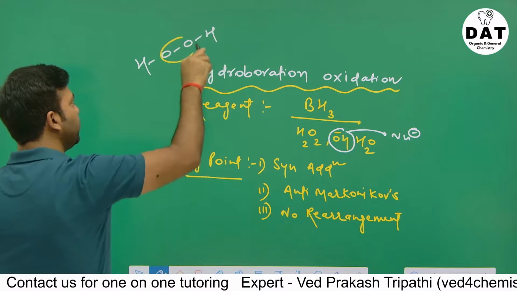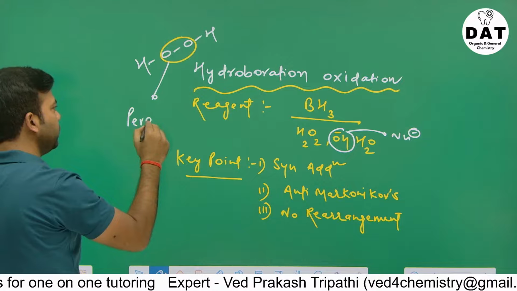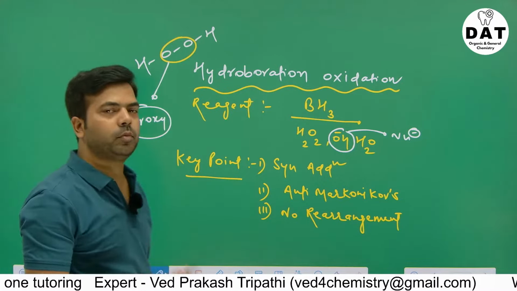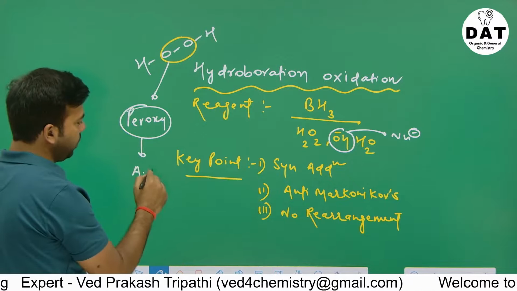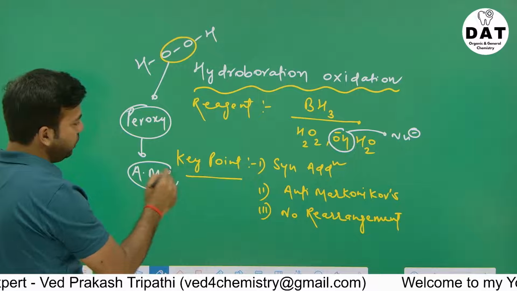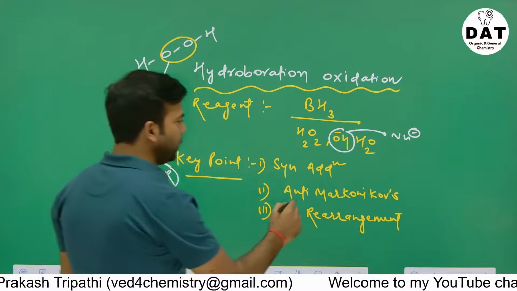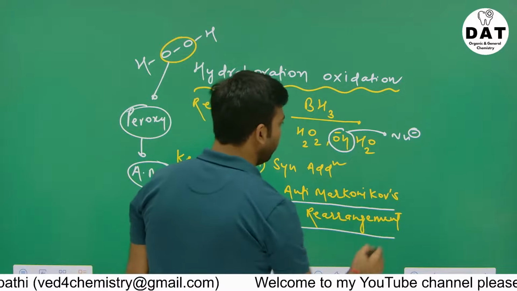And look at this connectivity. This is a peroxy linkage. Whenever we have a peroxy linkage, most of the time the reaction is anti-Markovnikov. We have to apply the anti-Markovnikov rule. Again, no carbocations, no rearrangement.